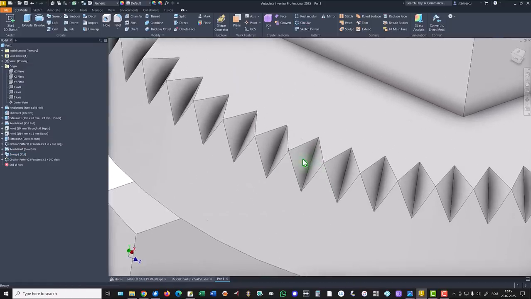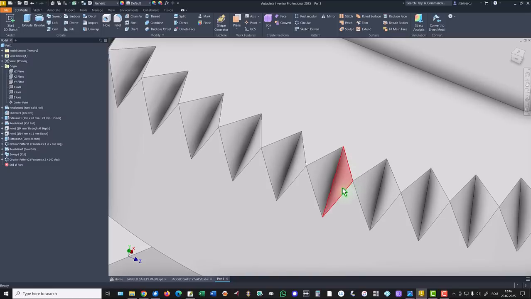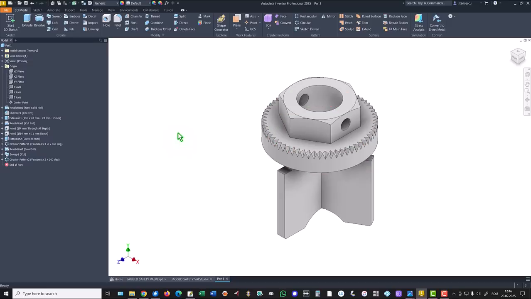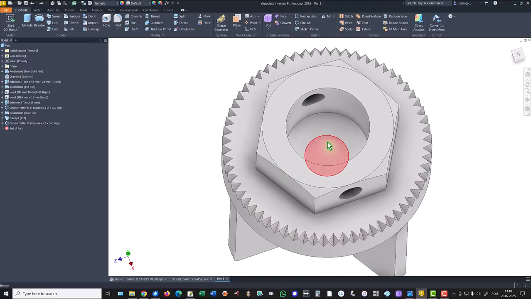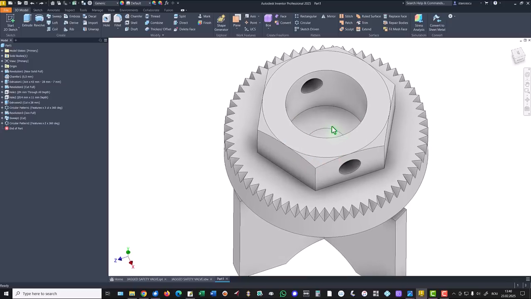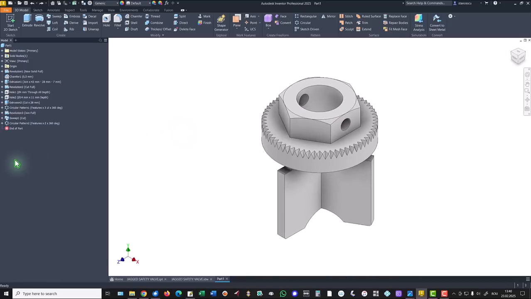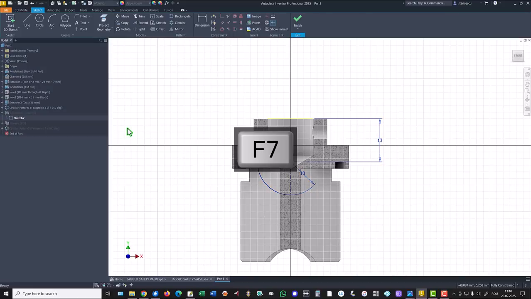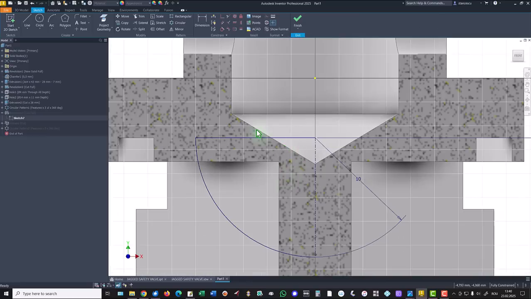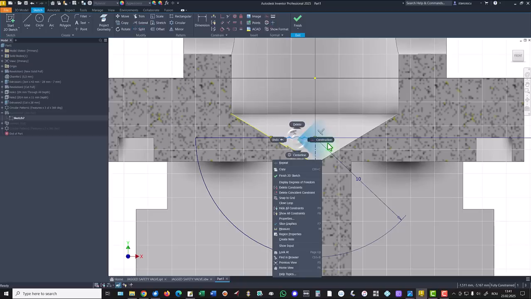Now we have this point common to both faces, yes? Now I see that this is not the conical end of the hole. Let's see what is the problem. Double click, F7. Oh yes, you see, I project this line, I apply split here and construction.